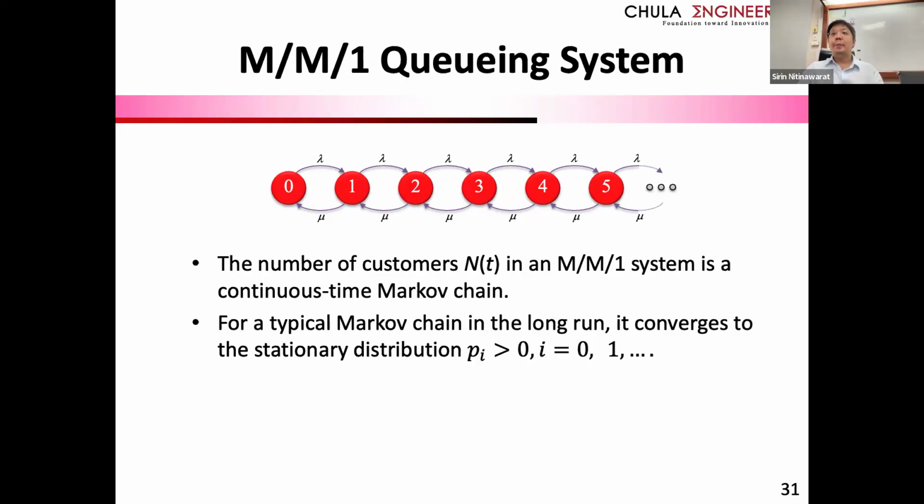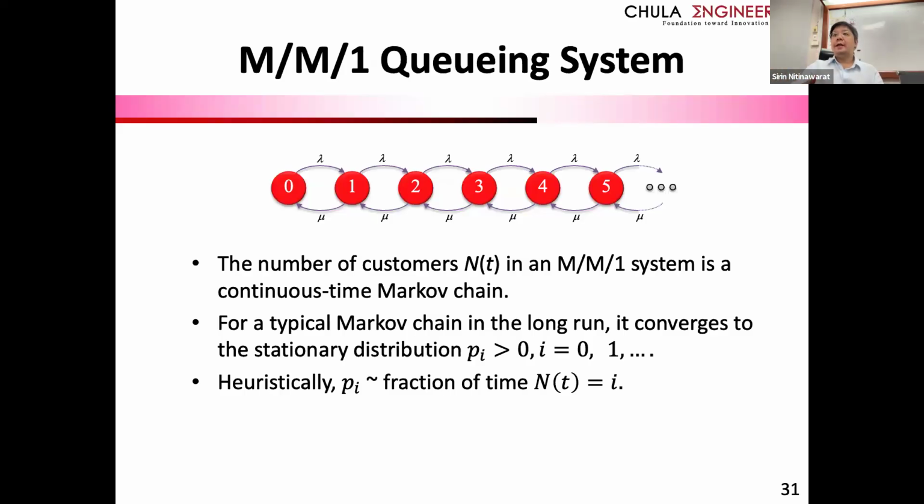So now our goal will be to derive these stationary probabilities. What type of condition do you think these stationary probabilities should satisfy? Remember, in a stable system, the random process N(t) should be able to hop along all these states, right?